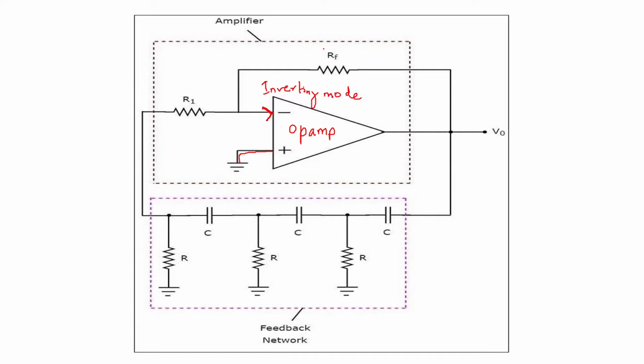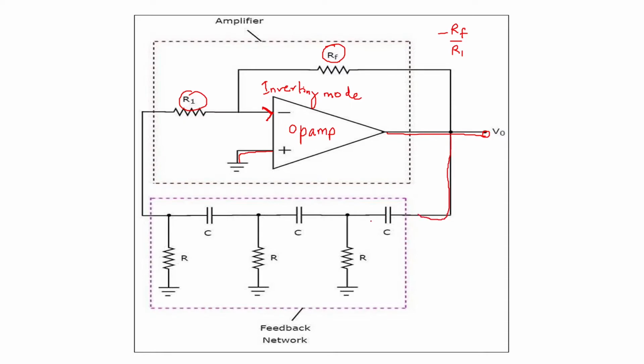Now here RF and R1 will decide the gain of this amplifier. So this is an amplifier whose gain will be minus RF upon R1. So that gain will be decided by the values of the resistors RF and R1. Okay. And this is the output here. And from here, we are going to take the feedback. Okay.